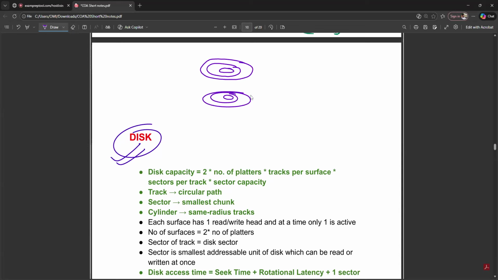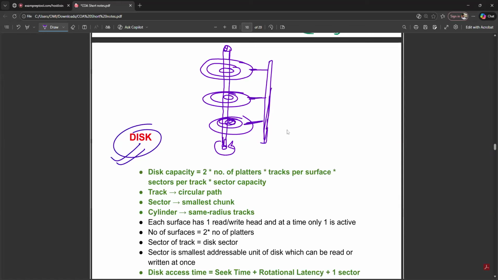Okay. Let's say this is something like this. Please forgive me for this diagram. This keeps on rotating, and this is the arm assembly, and this is the head. Right?